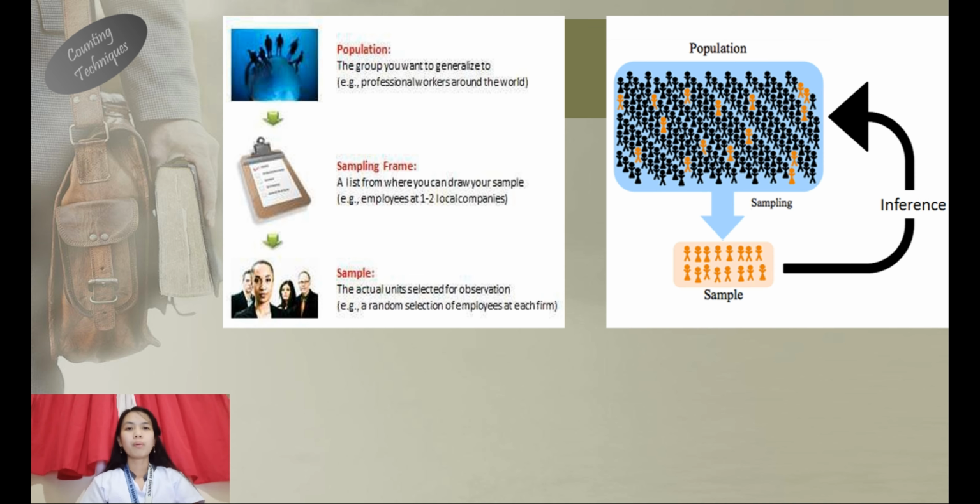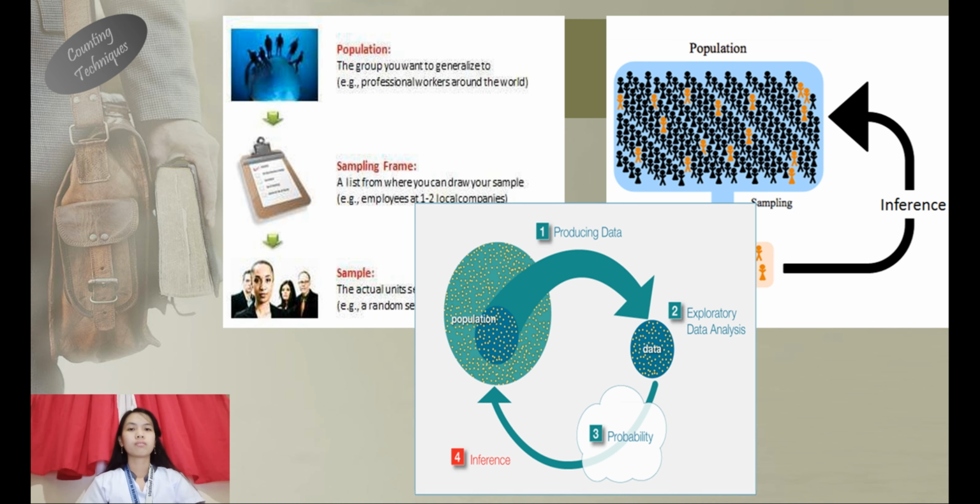Second, probability establishes a connection between samples and populations. Lastly, inferential statistics rely on this connection when they use sample data as the basis for making conclusions about populations.